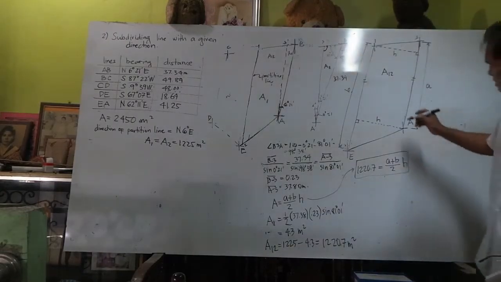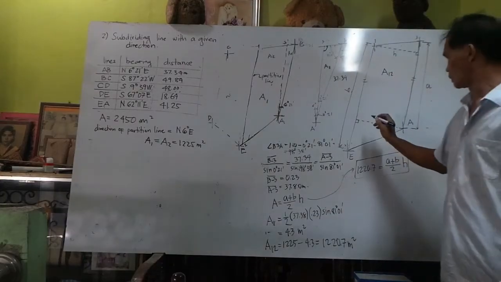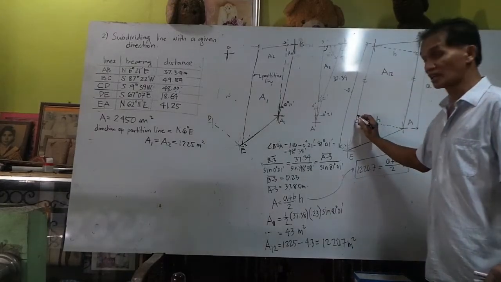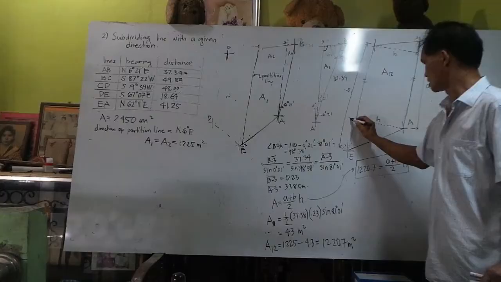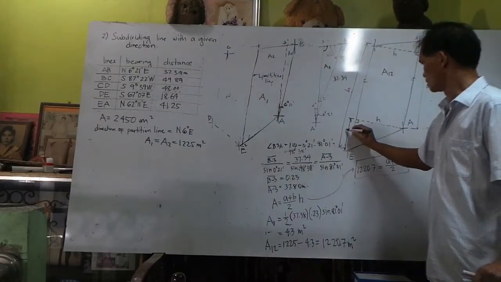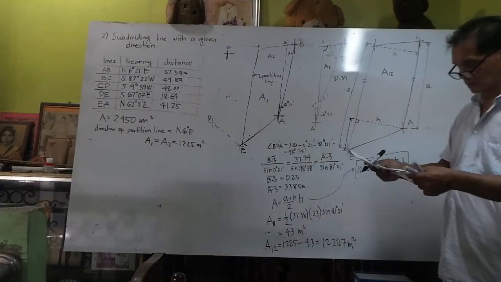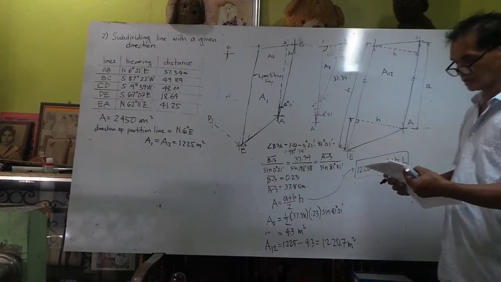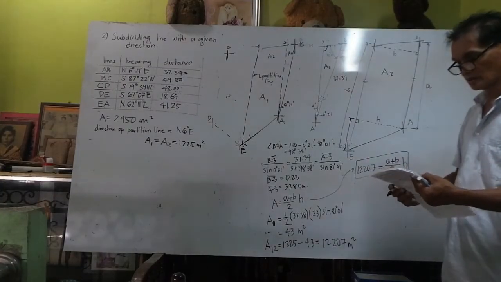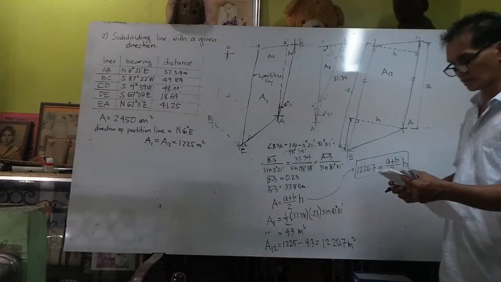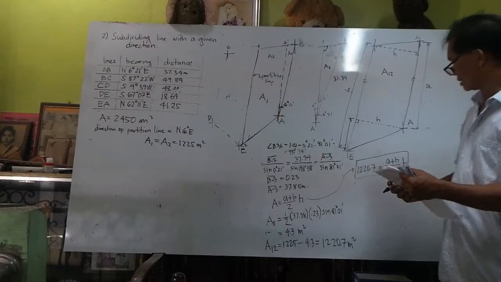So let us say we will have another unknown, which is the initial. So this is x1 or x2. We use B here as x2.